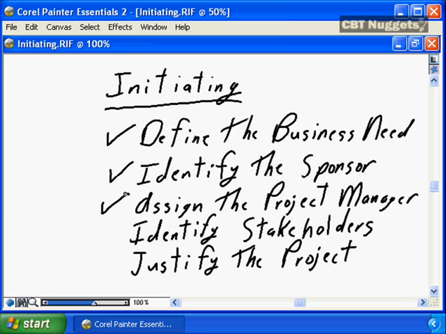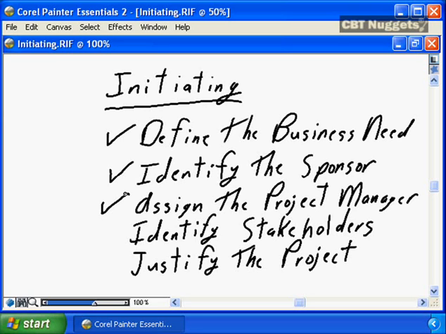Ideally, in initiating, you will assign the project manager. You yourself will get assigned to the project during initiating, and you will carry through the project until termination. Assigning the project manager earlier rather than later is very important. The PMBOK insists that the project manager is assigned during the initiation process.